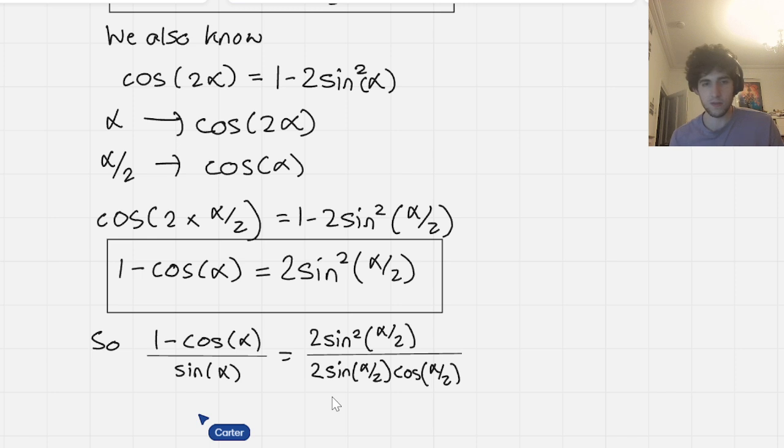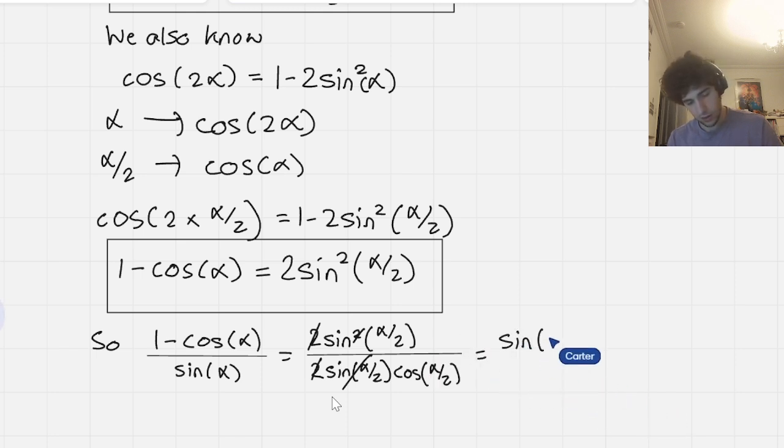But also, we can cancel things here. This 2 cancels with this 2, and one of the sines will cancel out. So what I end up getting is that the fraction is just the same thing as sine of alpha over 2 divided by cosine of alpha over 2.